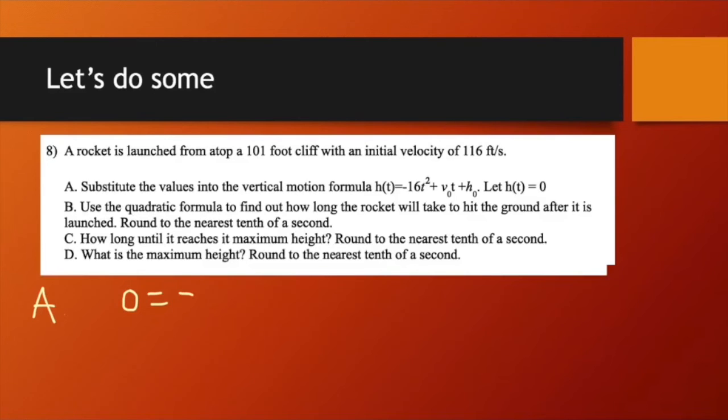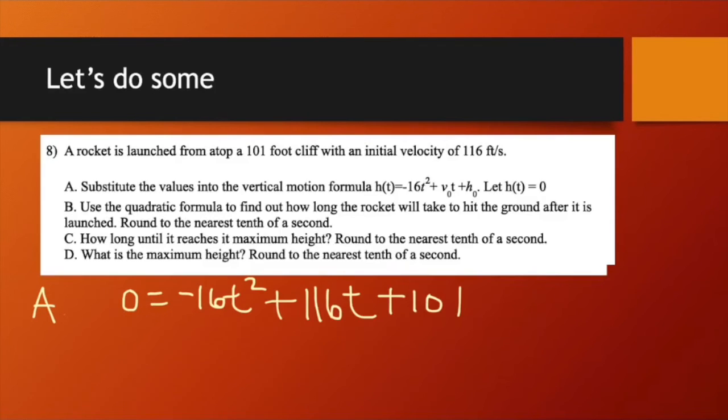And negative 16 t squared. We said the initial velocity was 116 feet. 116 t, exactly. And then your initial height is 101. Okay. That is letter A.